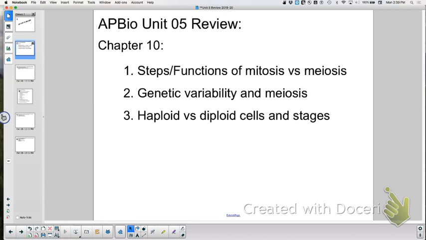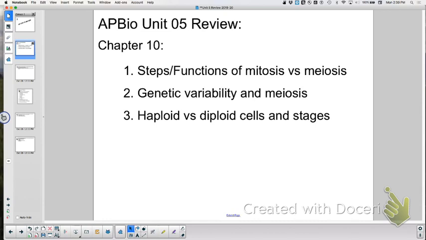Yeah? When would I have the most DNA in a cell in mitosis? S stage, keep going. Prophase, metaphase. Then in anaphase, I'm starting to separate it out, right? Okay, but I would have two of those, right, in meiosis, because I would have doubled the number of chromosomes in meiosis 1.